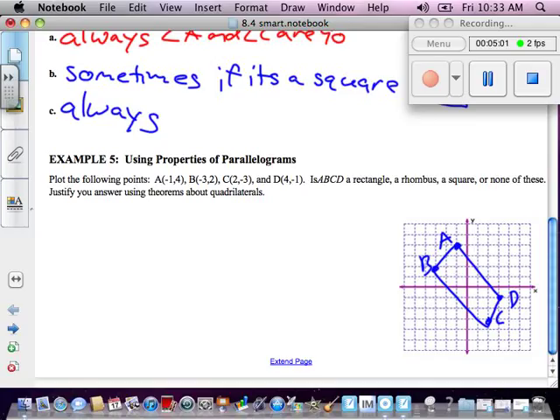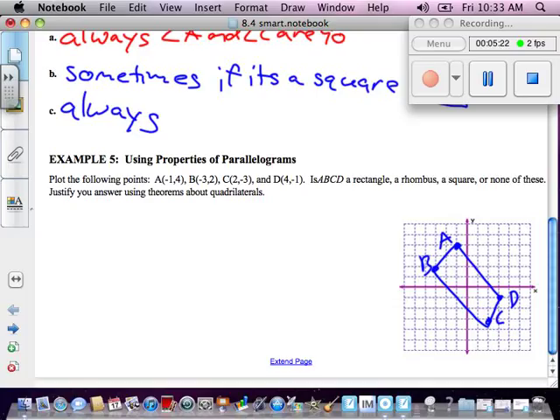So what are some things we have to know? Well, we know it has four sides, so we know it's a quadrilateral. It tells us it's a parallelogram, so I'm going to assume that's true. How would I prove that it was a rectangle? The angles would have to be what? Yes, 90 degrees. And how would you prove angles were 90 degrees?